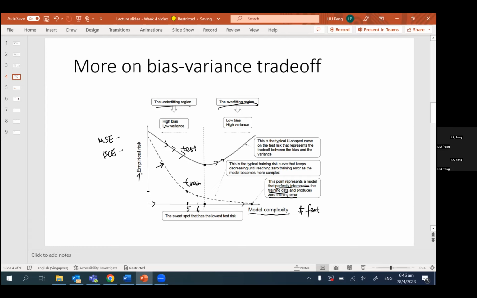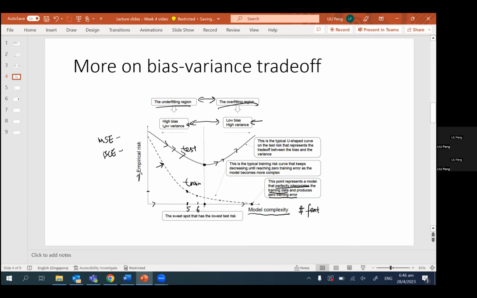Overfit is represented by low bias, right? We can hit targets on average very well, but it's high variance. High variance meaning the data changes, then the model is very sensitive. Before, we have high bias and low variance. So that's the trade-off here. Trade-off means that we are trading off between these two regions, and obviously the best choice is the model that gives me the lowest test set error.